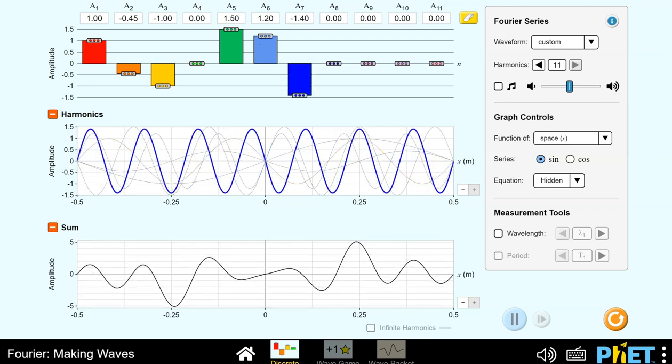The middle graph's getting kind of messy because it's plotting all of these individually. At the moment, we have 6 different waves represented in the middle graph, but the bottom one represents the summation of all of them. So just to give you an idea of what we're looking at, superposition is simply the summation of the displacement of however many waves are in that location at the same time.